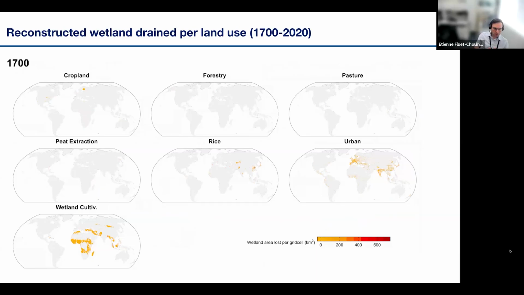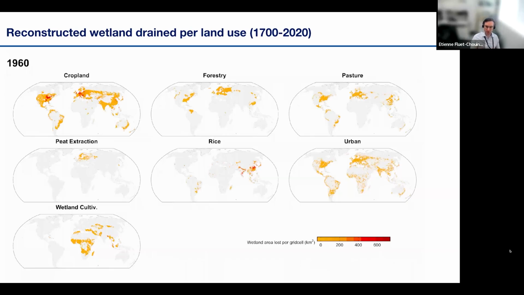And the distribution within countries, so going from the national scale to the pixel-based grid that I'm showing here, which is much more convenient for land surface modeling, is done by the overlap of where these land uses occur, as well as where potential wetland exists.